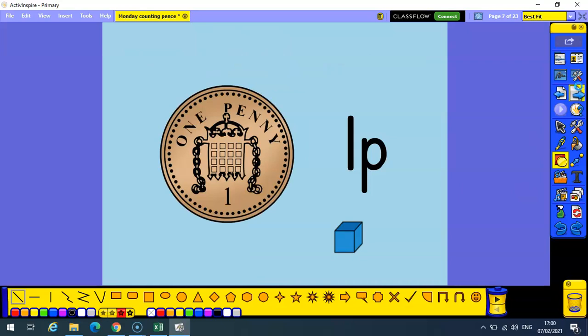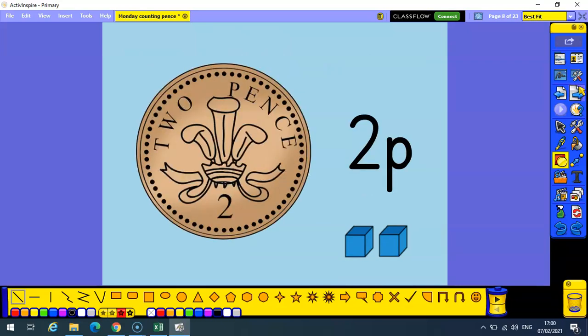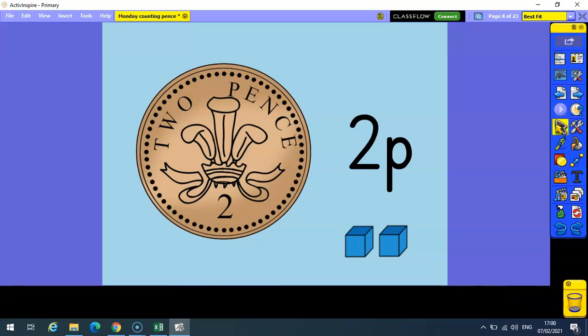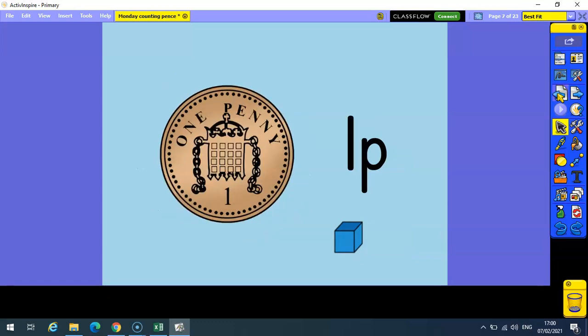So we've got 1 penny and we've got 2 pennies, 2 pence. 2 pence is worth 2. This is the second biggest coin, and it is larger in size than a 1 penny. So you know that it's worth 2 1p's.